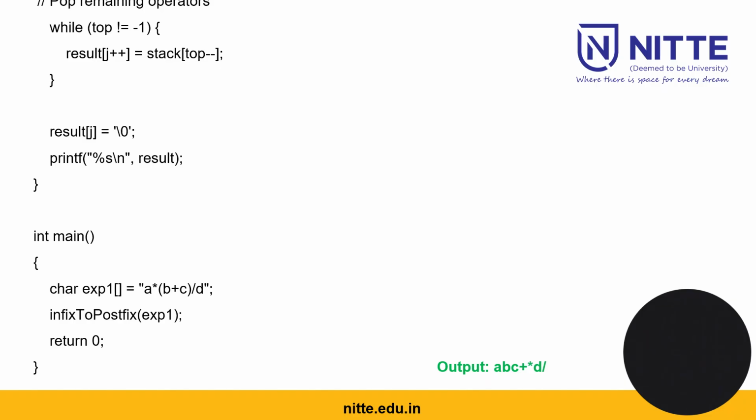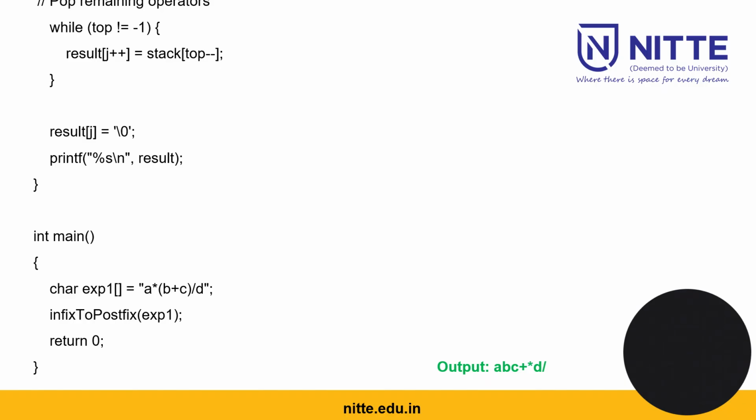Then for the remaining operators: while top is not equal to -1, I remove each one and assign it to the result. And when we come to the end, we print it, that is why %s result. This is how we will print it.